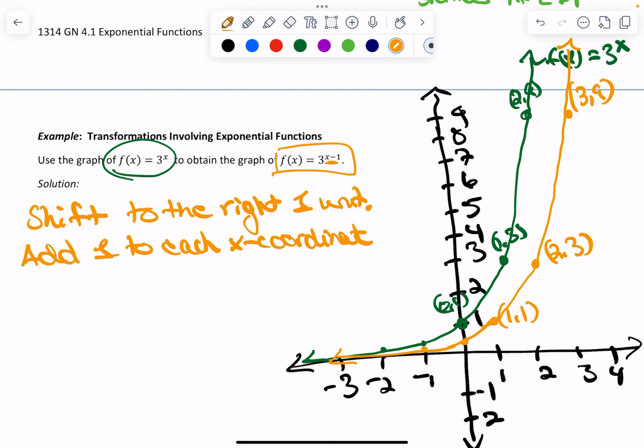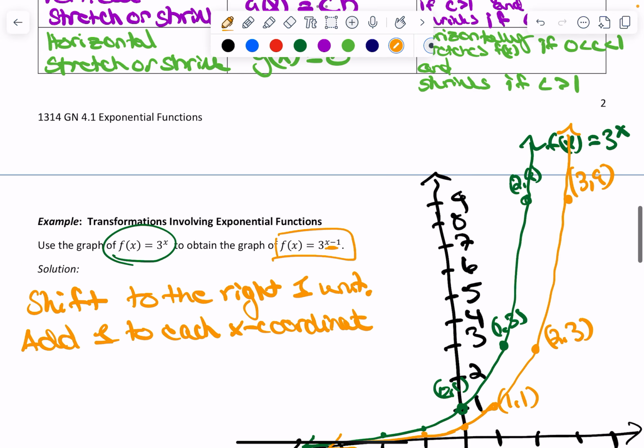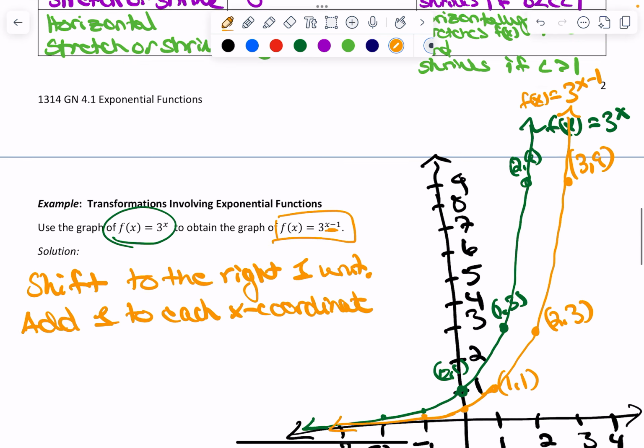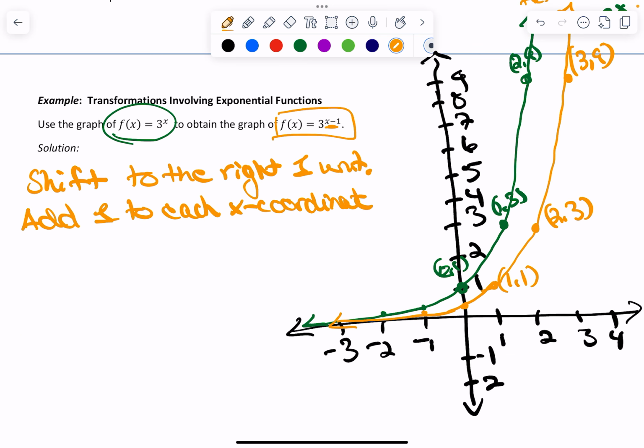So this one is f of x equals 3 to the power of x minus 1. Now, even though it's not on here, let's look at what happens if it's f of x equals 3 to the power of x, minus 1.